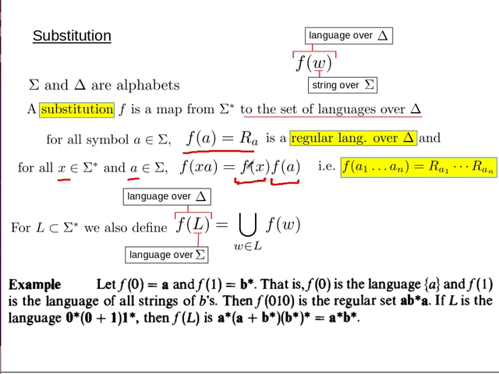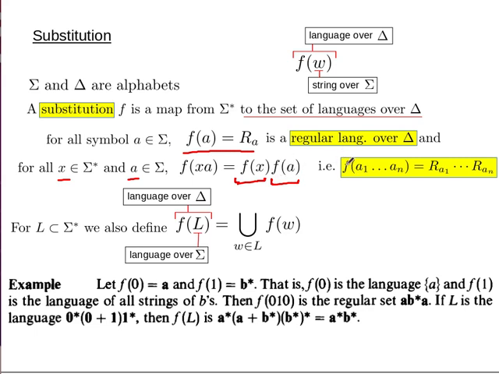Now if this is the case, first of all you see that you can break this x also into a symbol and a shorter string. So you can break this entirely into this f of symbols, right?